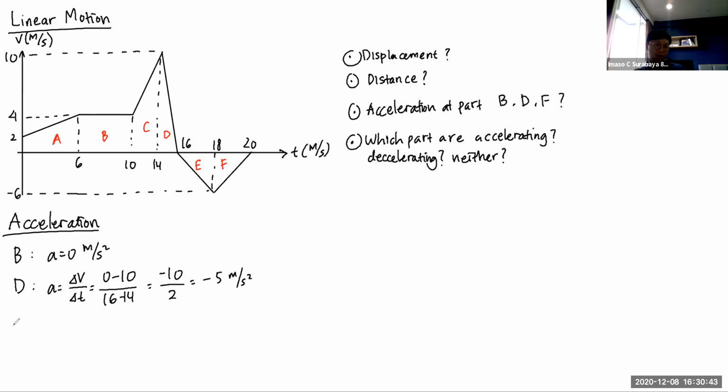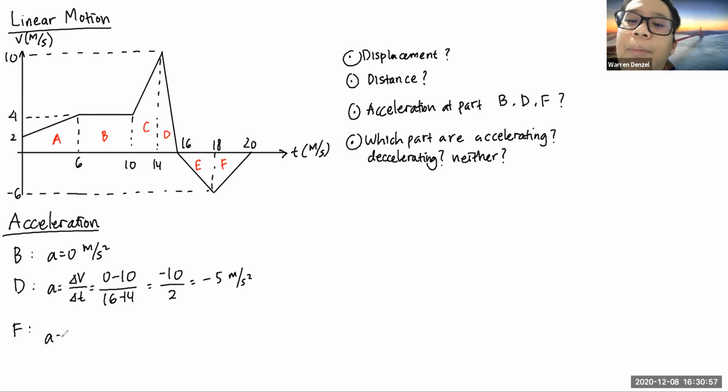Okay. What about F? The acceleration would be positive in this case, delta v over delta t. Delta v is 0 minus 6, or 0 plus 6. That is 6 over 20 minus 18, 2.